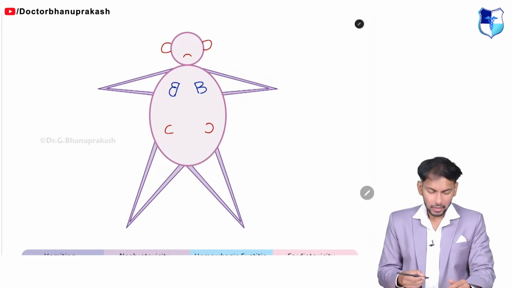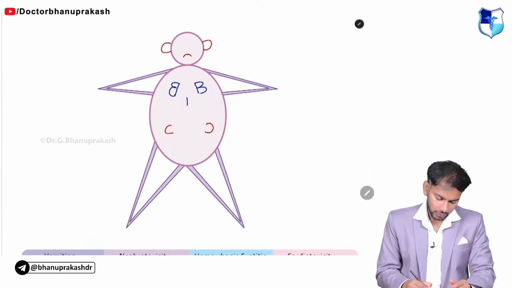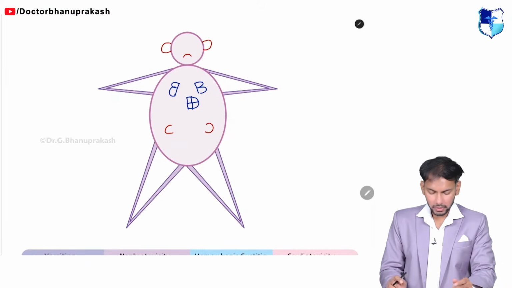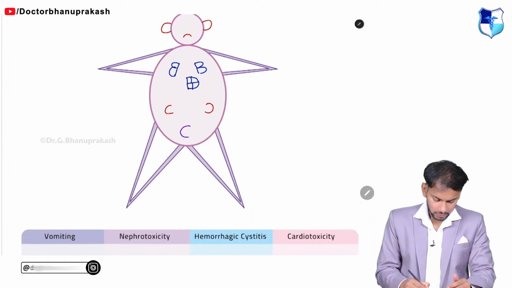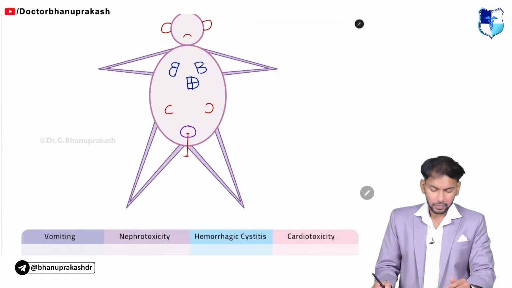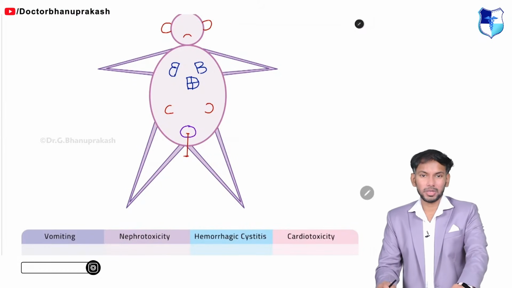Now, I'm drawing his heart. Look carefully how I am drawing his heart. I'm keeping one D, next T and an inverted T. You got 4 chambers. Now, I'm drawing his bladder. You see carefully, this is the bladder and there is urine. These are all the side effects you need to remember.